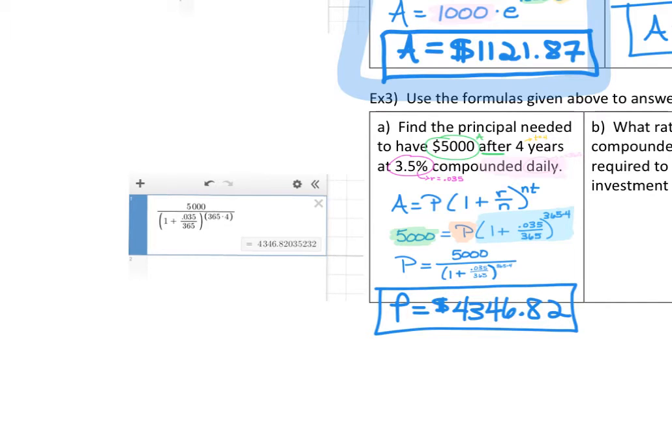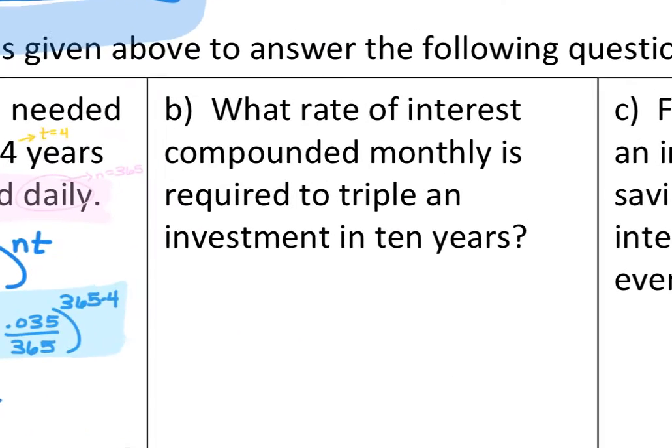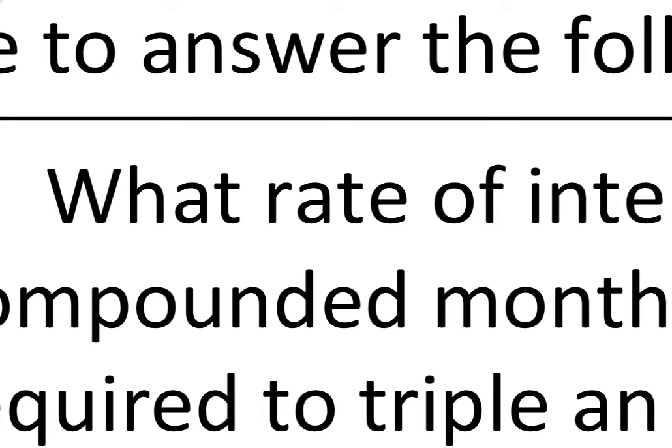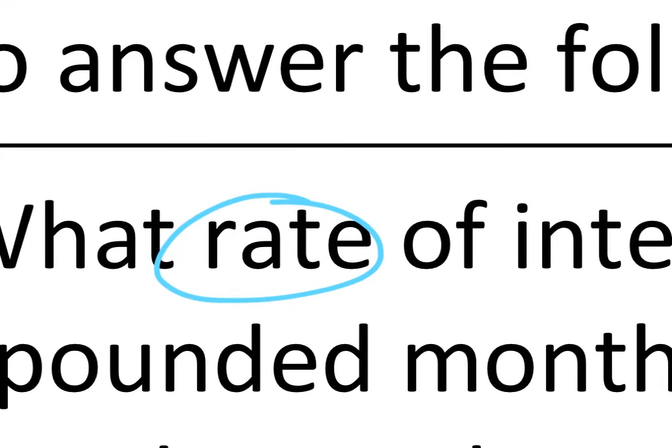I'm going to walk you through all of 3A, 3B, and 3C because they're just a little bit tricky. So take a minute and take a look at B. In B, it feels like they've not given you enough information, but they actually have. Let's start with the fact that the rate is your unknown.